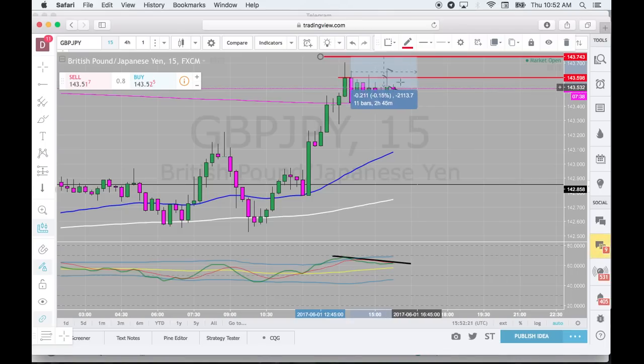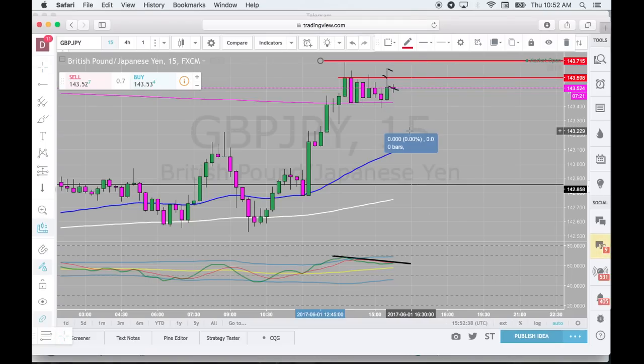So we would have a 20 pip stop loss. You know what? You could even put it a bit lower, I would reckon. Right there should be good. That would be a 18 pip stop loss.